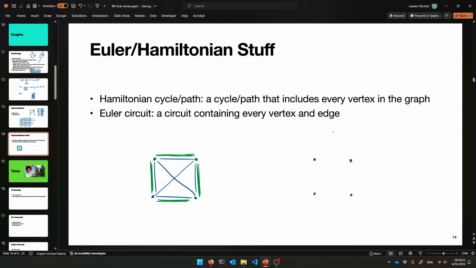Let's do my favorite example from the milk carton when I was in elementary school. Let's see if I can remember it. So here is the graph. We want to find an Euler circuit, a circuit that goes to every vertex and edge in this graph. And there's also a vertex in the middle here.